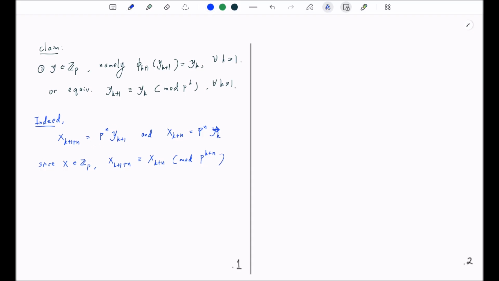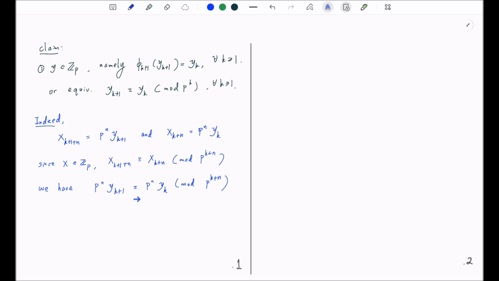And plugging in these two equations, we have p^n times y_{k+1} and p^n times y_k are congruent modulo p^{k+n}.